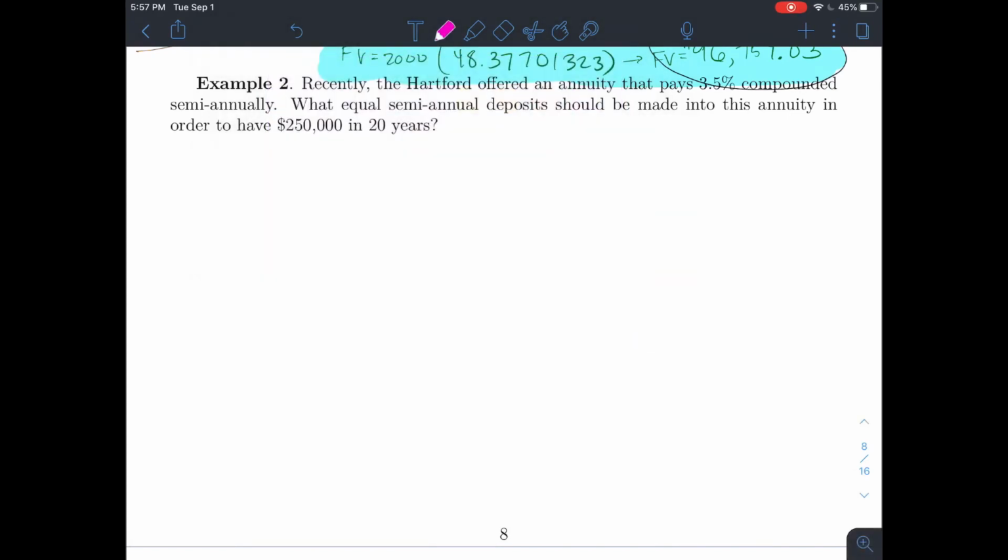Alright, just like before, we're doing semi-annual deposits. So if we're depositing money, the account is increasing. So this tells you that we have a future value problem.